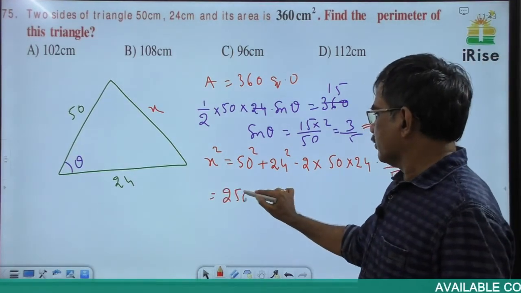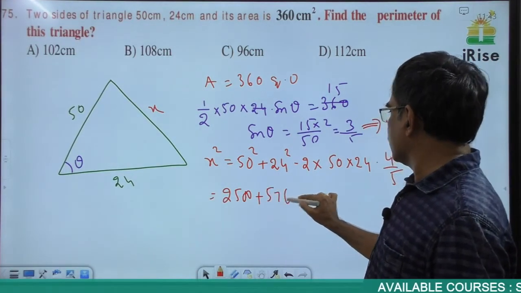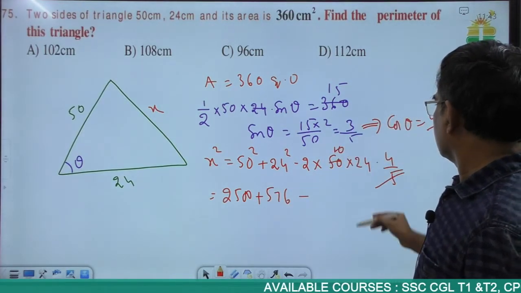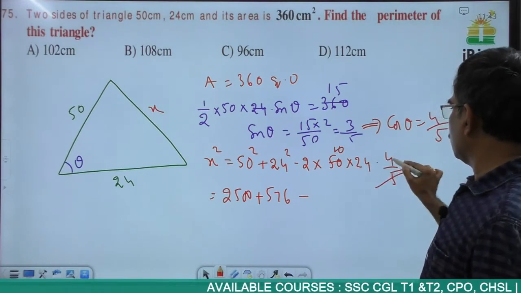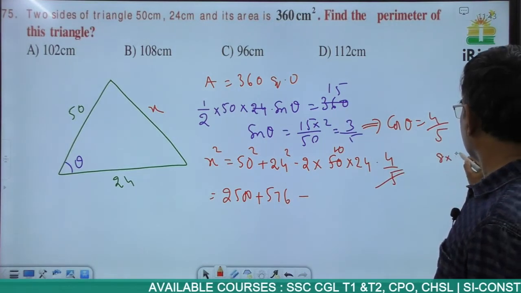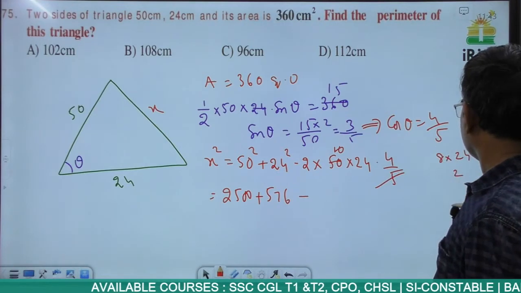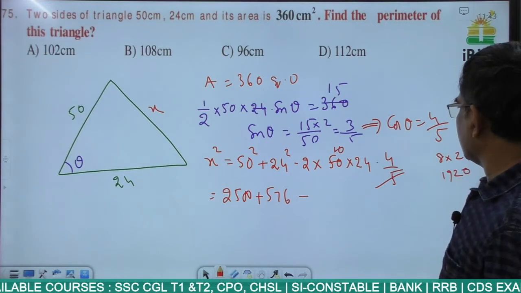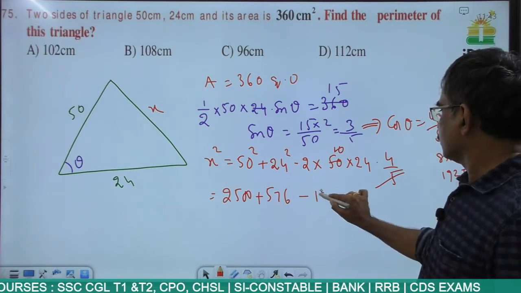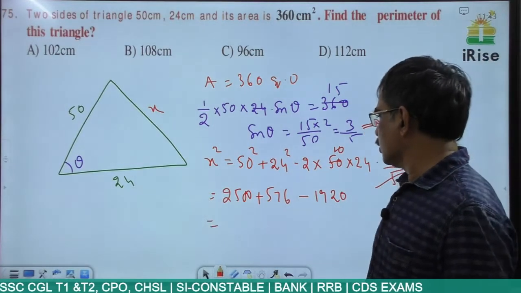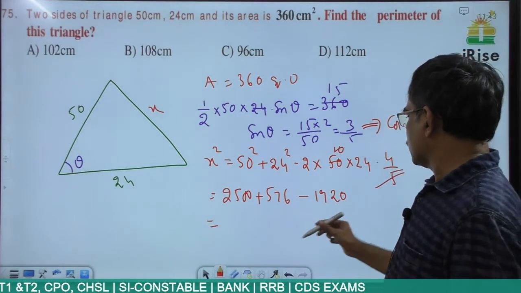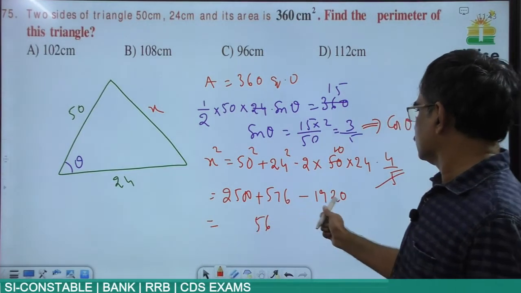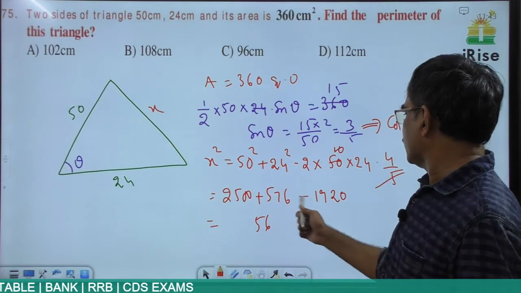This is equal to 2500 plus 576 minus, 5 ones, 5 tens cancel, this is nothing but 2 into 4, 8, 8 into 24, 8 fours are 32, 192 into 10, 1920. This is equal to 3076 minus 1920. Units place, 5 plus 5, 10, 10 minus 9, 1.